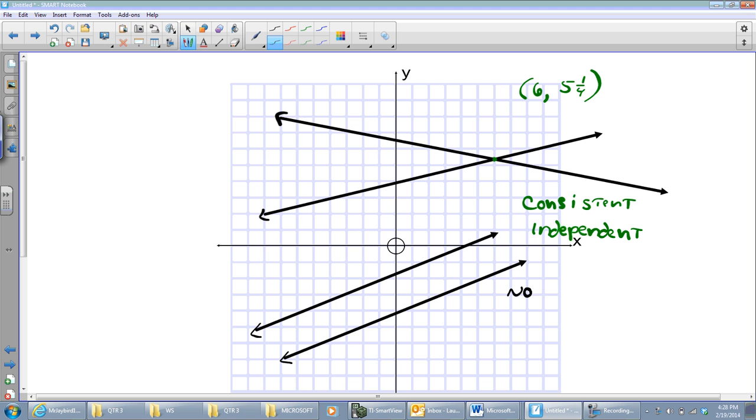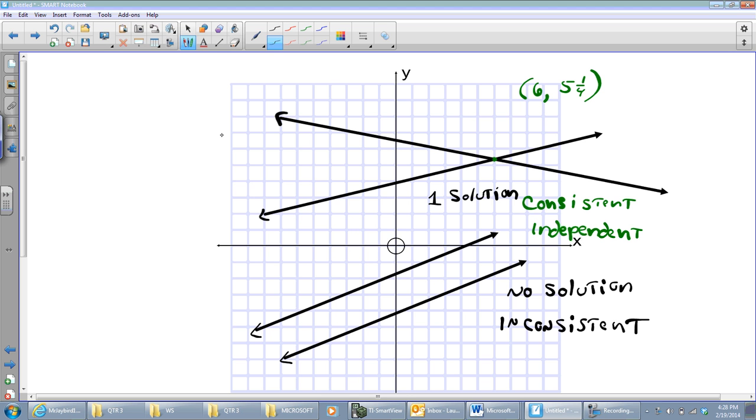And when there's no solution, we call that an inconsistent system. Now, you may want to make some flashcards of these to keep these terms straight. So when there's one solution, that is a consistent, independent system. When there's no solution, it's an inconsistent system.